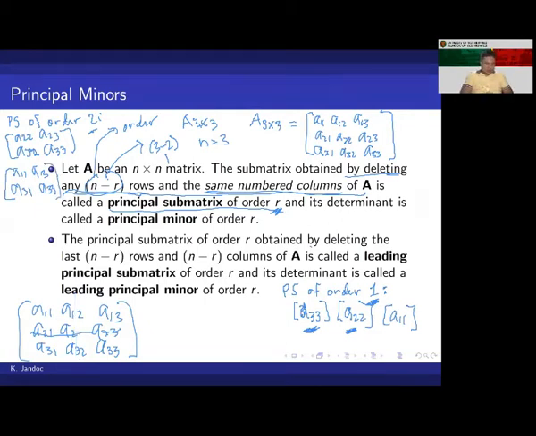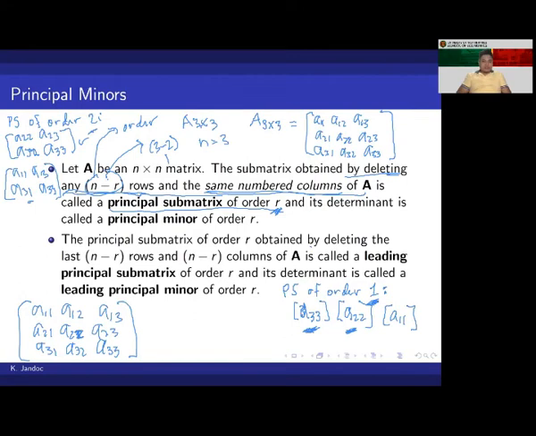And there's one more. I guess you know it by now. A22. This is A22. To obtain this one, we deleted the first row and first column. This one, we deleted the second row and second column. Keep in mind it's the same number.